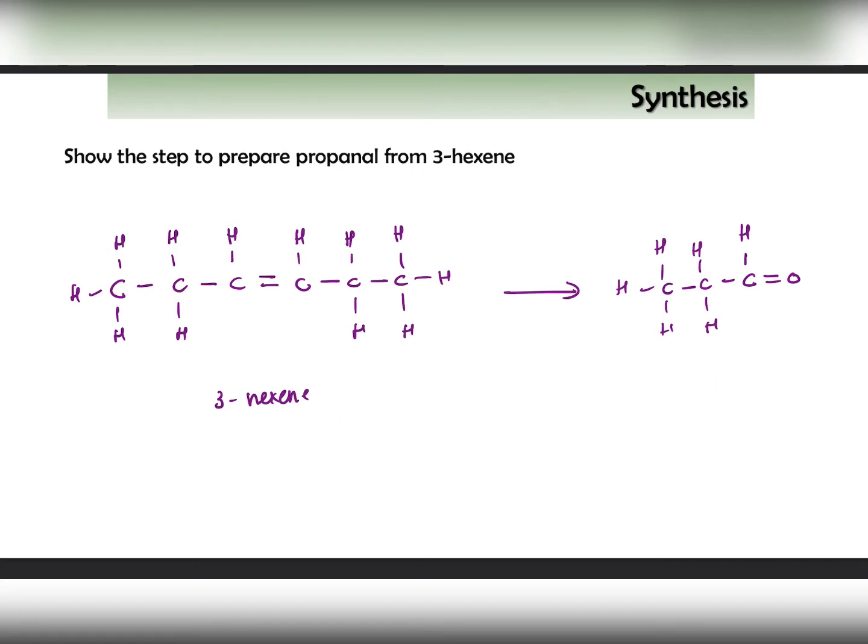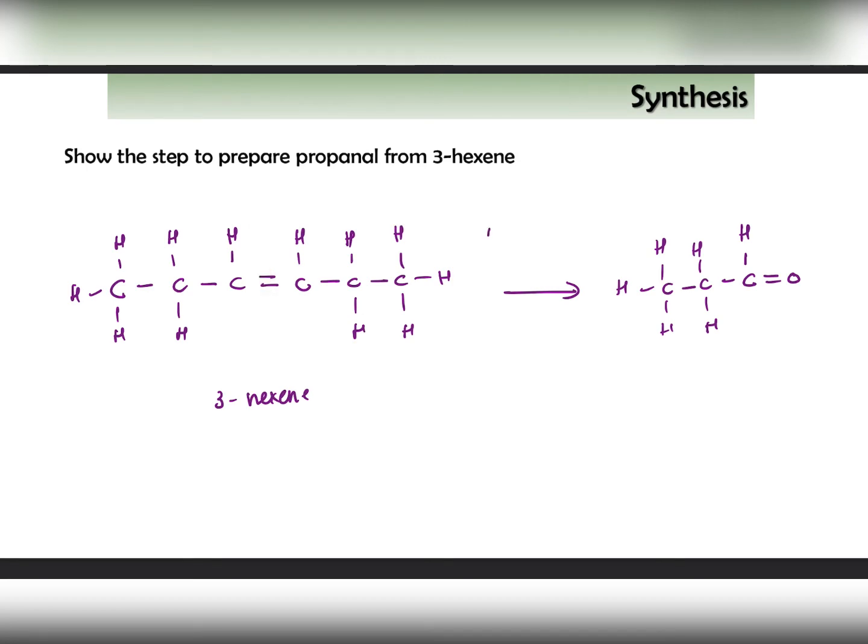And oxidation of alkene. So kalau kamu nampak dekat sini, carbon-carbon double bond kita akan putuskan. So this part akan jadi C double bond O. Okay, and then ini adalah your structure of your product dekat sini, your propanal lah. So another part of this 3-hexene sama juga dia akan jadi propanal juga, because this is symmetry.